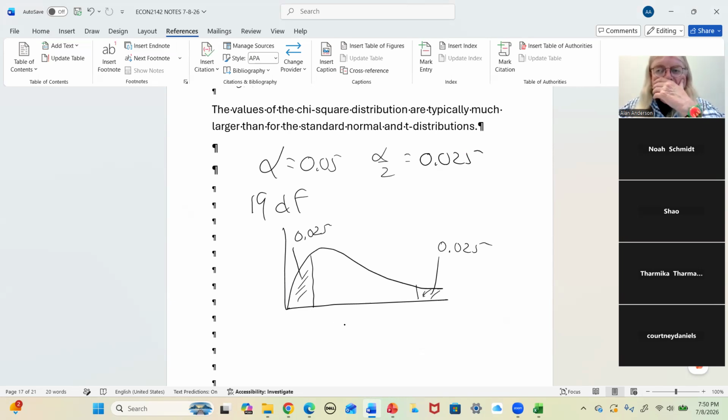So the way it's written, now remember, everything's geared to the right tail here.